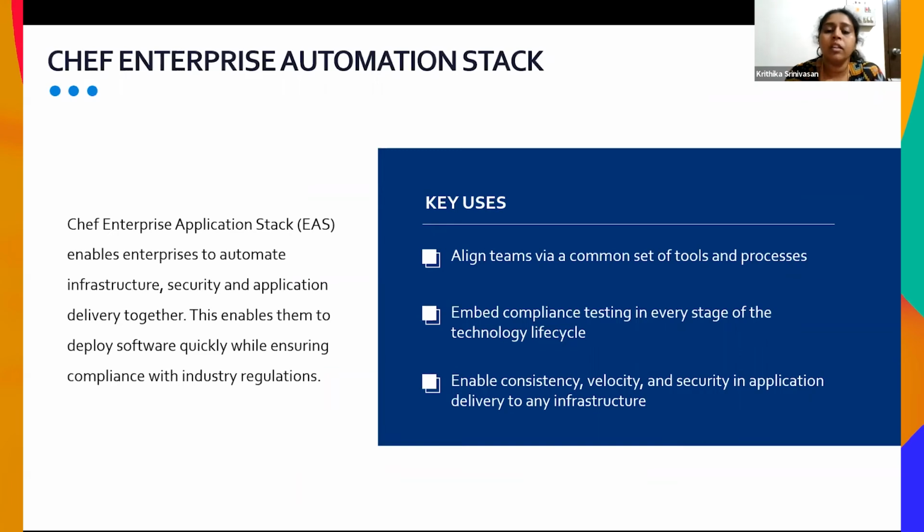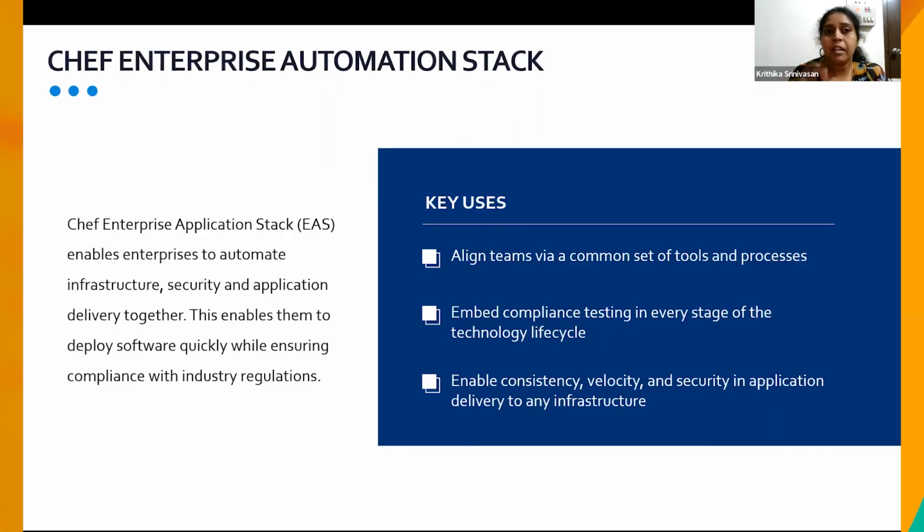So the Chef enterprise automation stack basically deals with a set of tools which would help us get DevSecOps into practice by embedding the code development, testing, and compliance evaluation at each stage of the technology lifecycle. Why this is important is to enable consistency, velocity, and security in application delivery to any infrastructure.